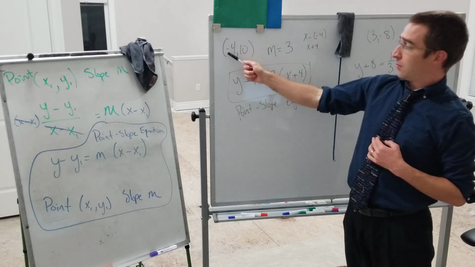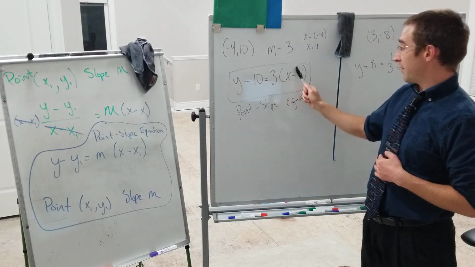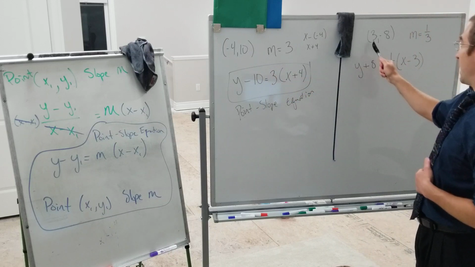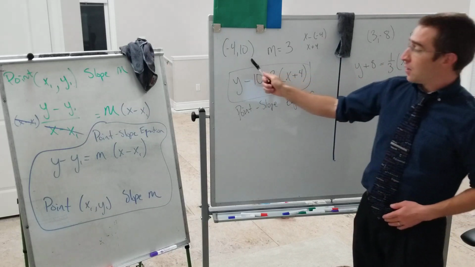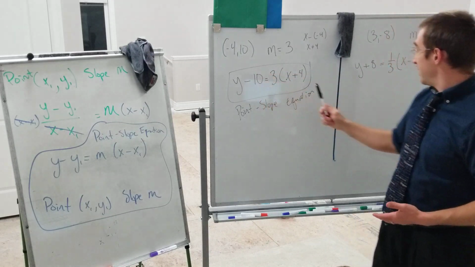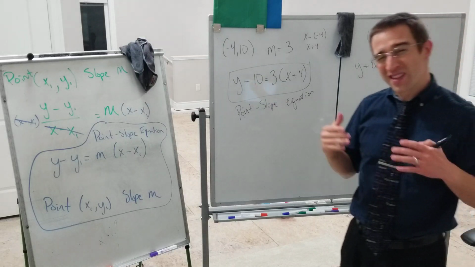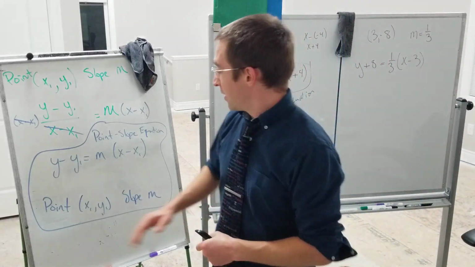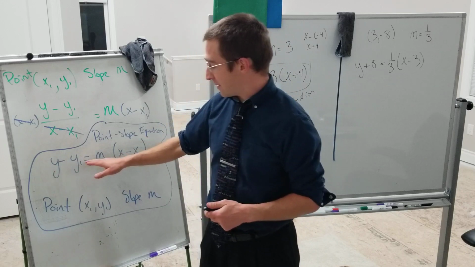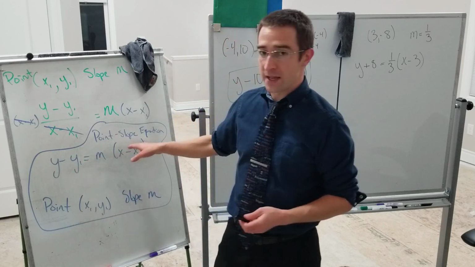Notice, when x is negative, we have an x plus. When x is positive, it's an x minus. When y is positive, we have y minus. When y is negative, it's y plus. It's always the opposite of whatever that symbol is, because this point slope form is y minus the y number equals slope times x minus the x number.